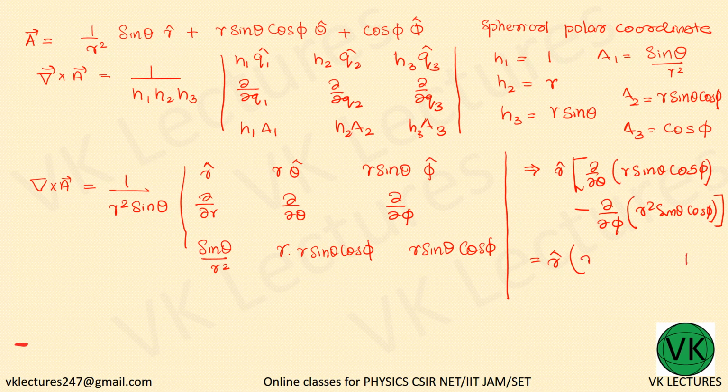So r cos theta cos phi minus dou by dou phi. So cos phi becomes sin phi with a minus sign.